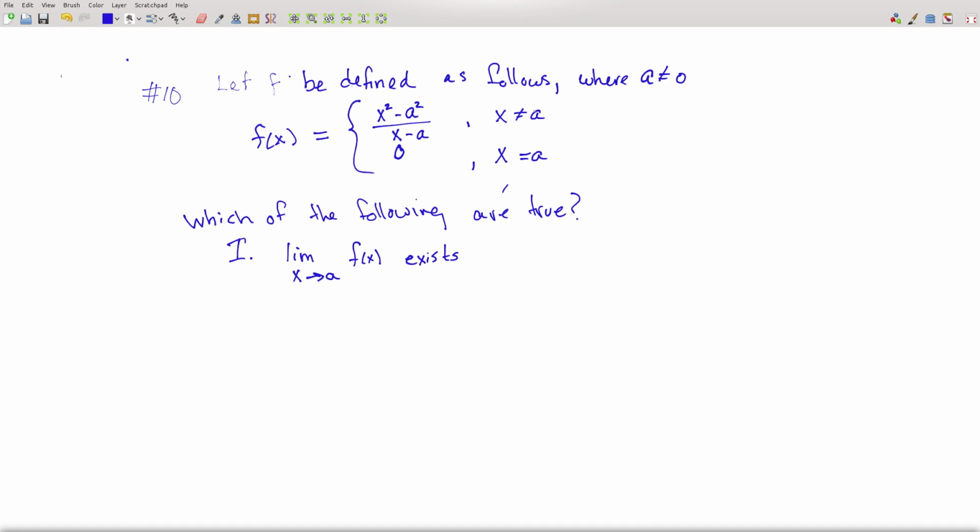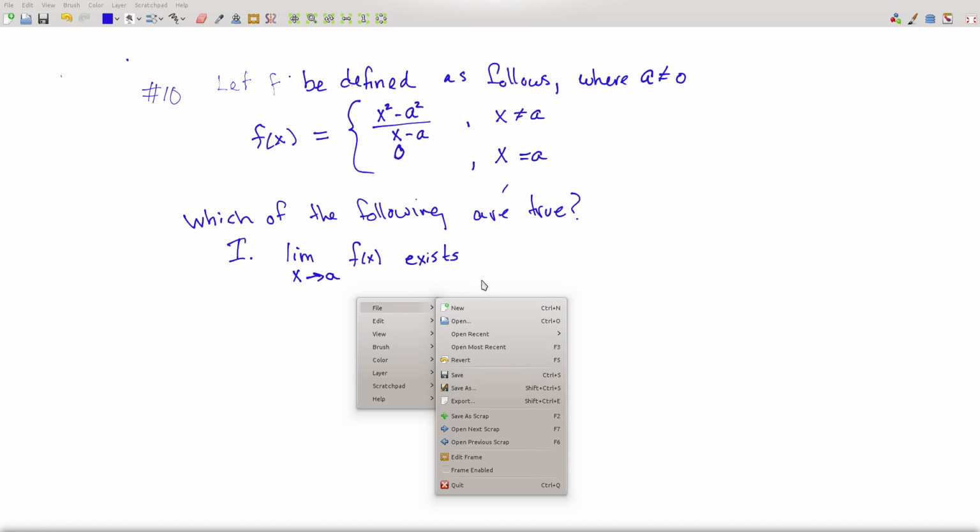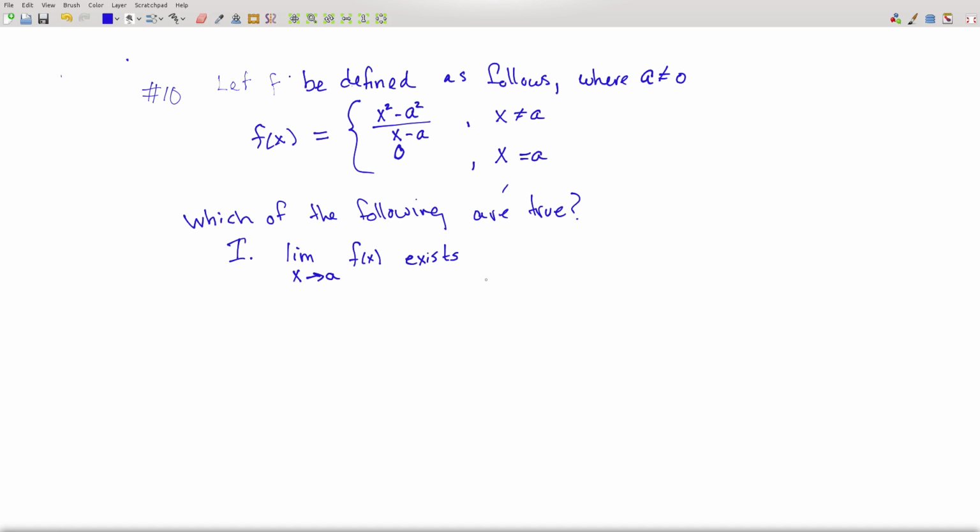So to answer this question, we can actually look at the first rule. This rule includes values of x that are to the left of a and to the right of a. So we can think about the left-sided limit and the right-sided limit. They have to be the same in order to get a regular limit. So let's see if this exists by actually trying to determine what it might be.